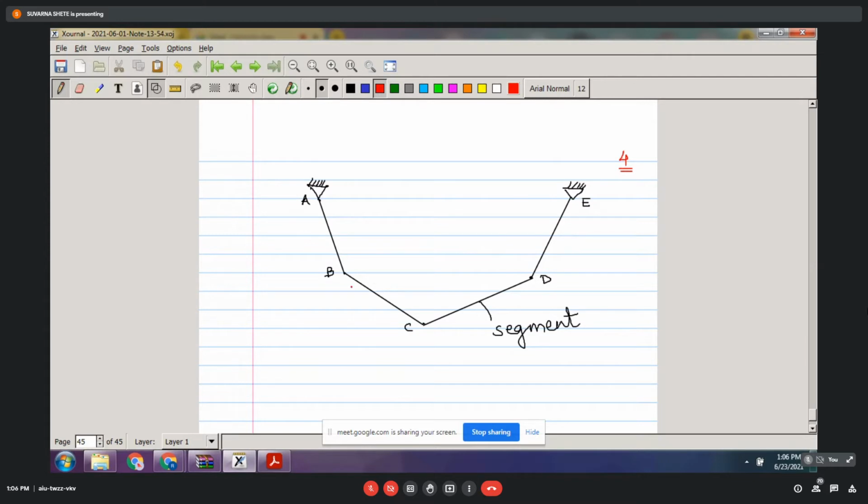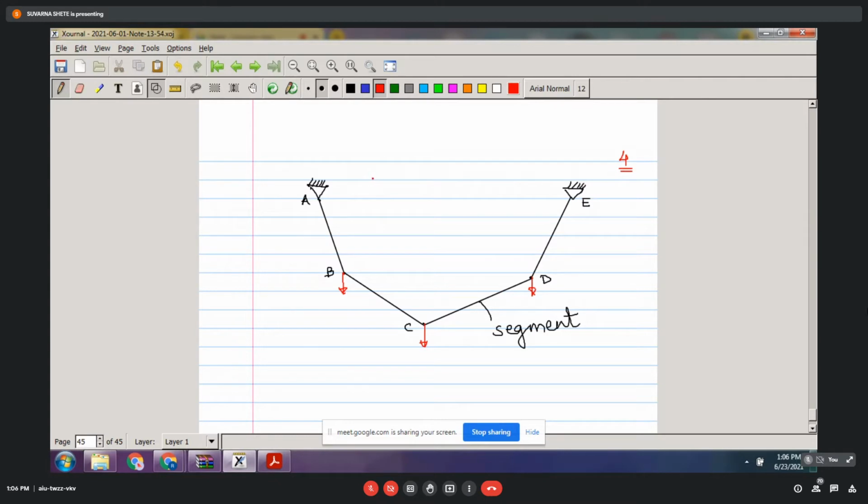If I apply some weight at B, C, and D, with 2 reaction components at A and 2 at E, can I find the values of the 4 unknown reaction components by using my 3 conditions of equilibrium?